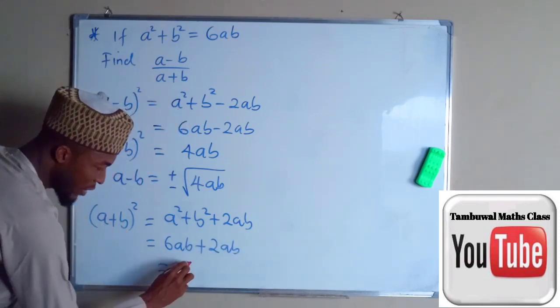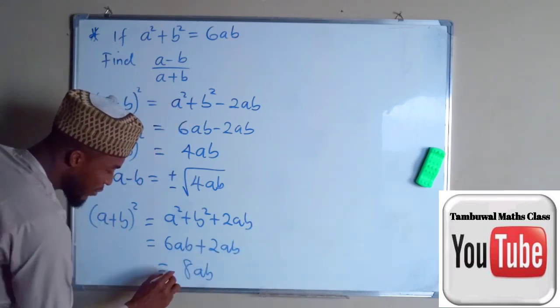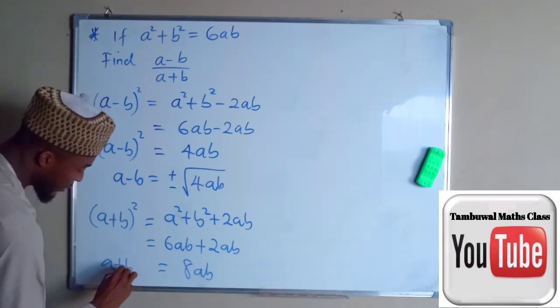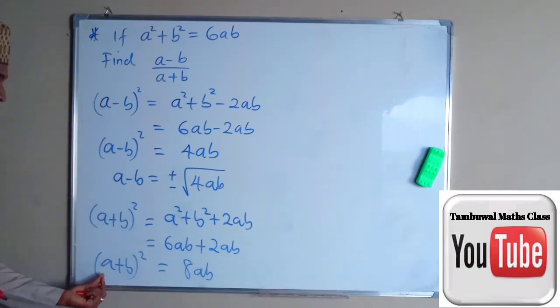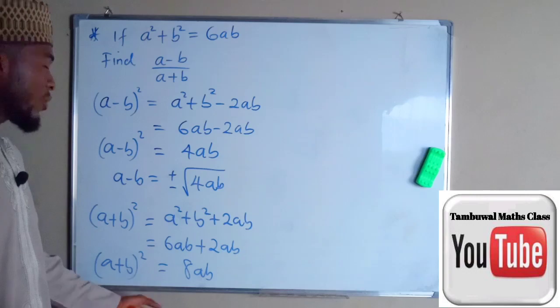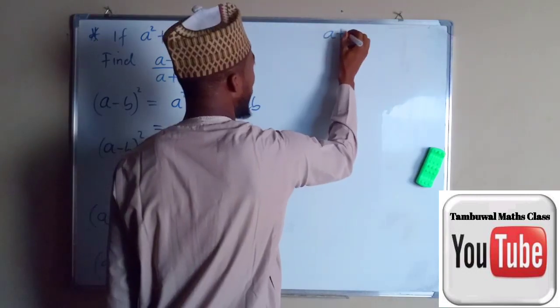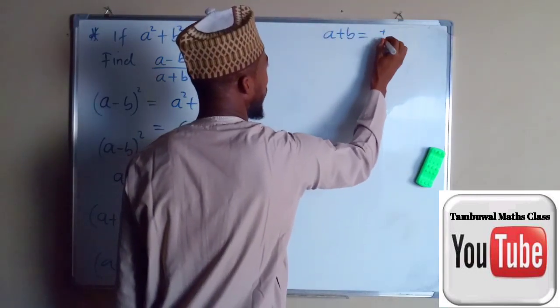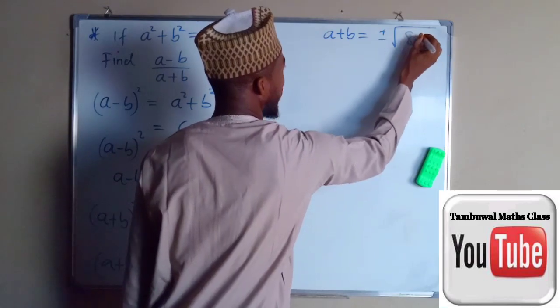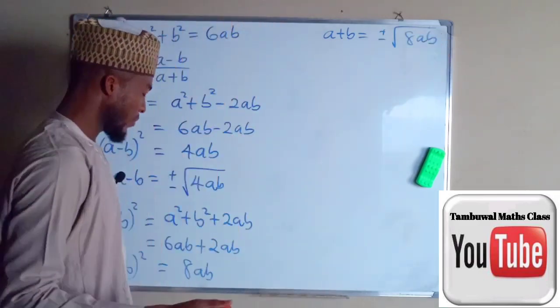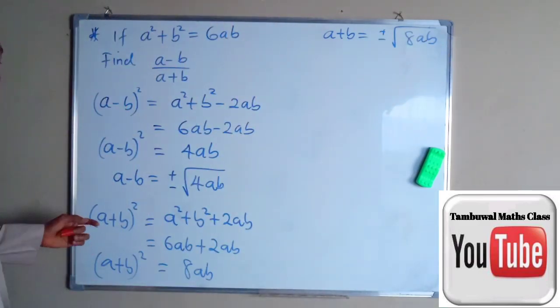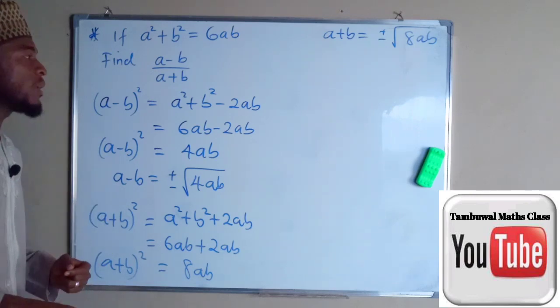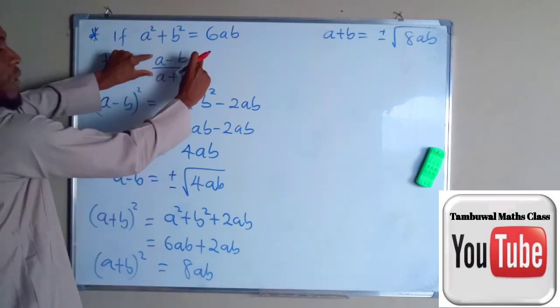Altogether equals 8ab. This is a plus b squared. Now, to find a plus b, we are going to take the square root of both sides. a plus b equals plus or minus the square root of 8ab. Now, since we have obtained a minus b and a plus b, we can go ahead and substitute them in here.